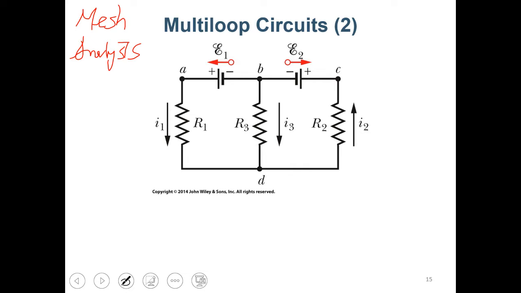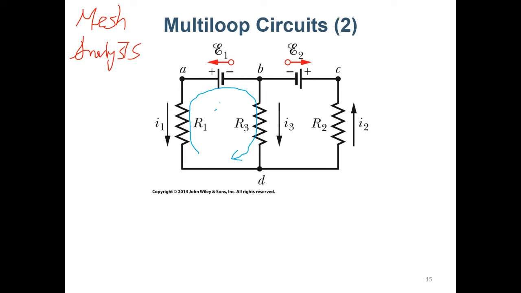And in this method, it is not so easy to understand as in the previous case. So try to pay attention. For the mesh analysis, we will assume the mesh current.